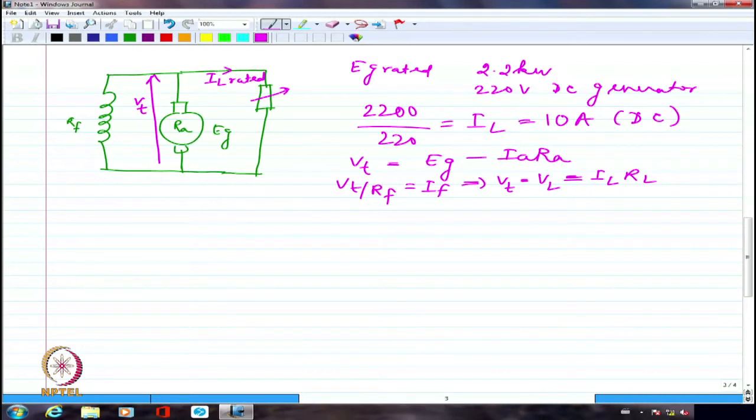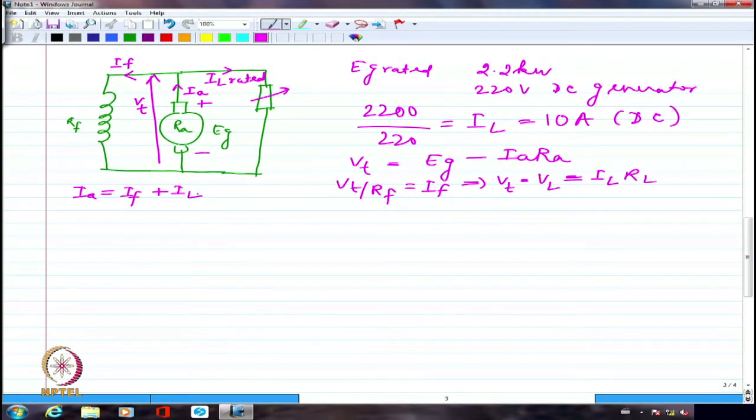Apart from this, if I say this is IA, this is what is supplying the field current as well as the load current. There is no other source. So obviously, my generator has to supply both of them. That's why I call it a self-excited generator. So this is plus and this is minus, which is working like a voltage source. So I'm going to have IA equal to IF plus IL.